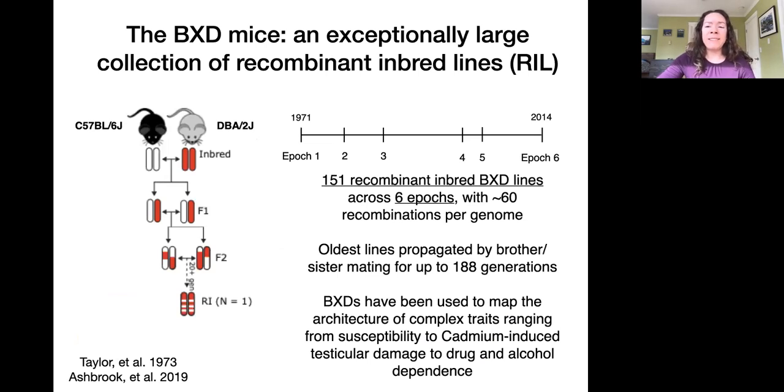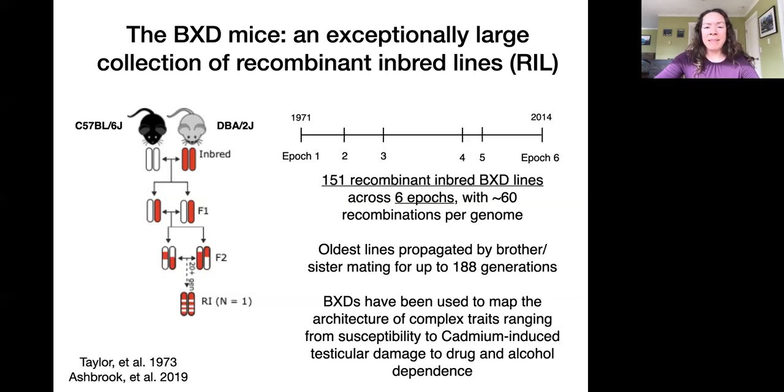So just jumping right into the first story, my lab has been fortunate enough to work with a really unique data set that's kind of like a modern spin on a very old and very powerful mouse data set.